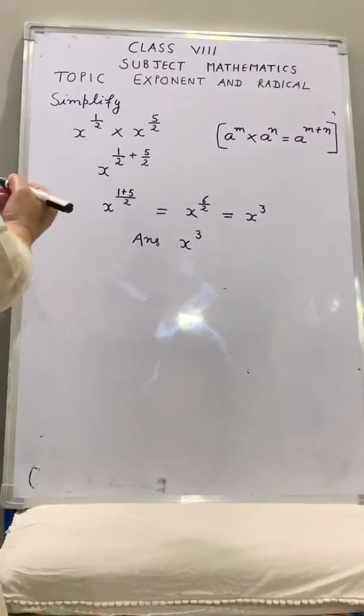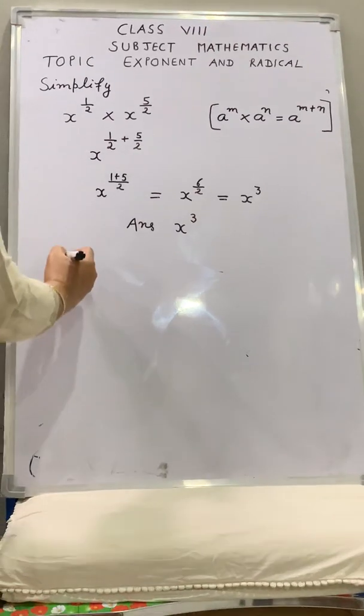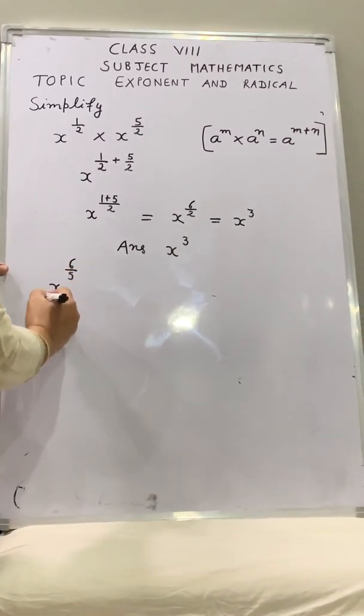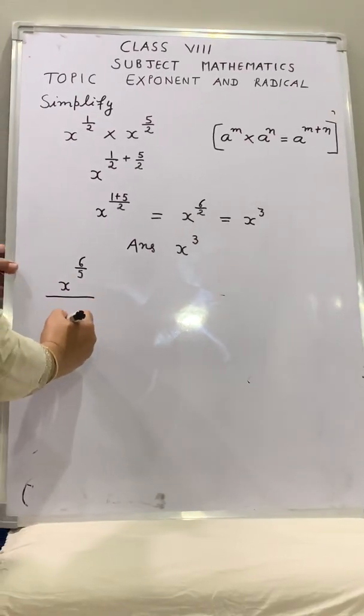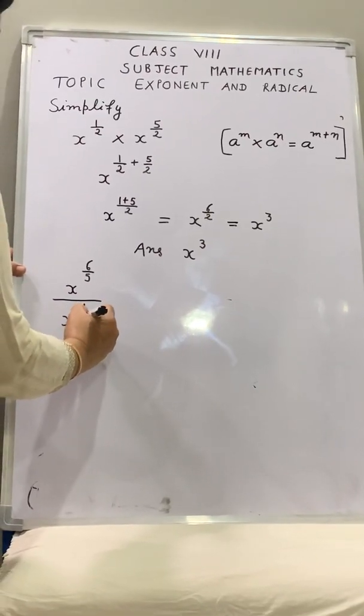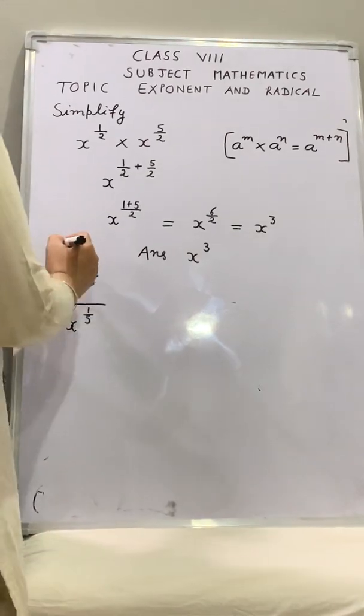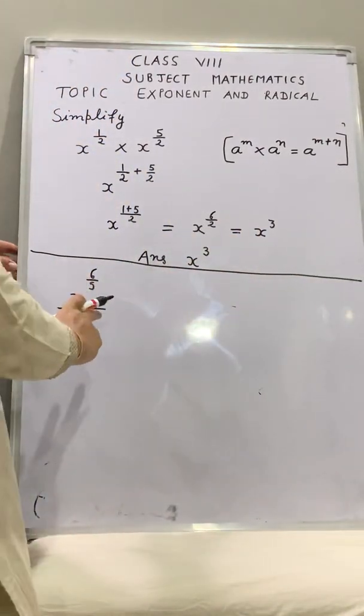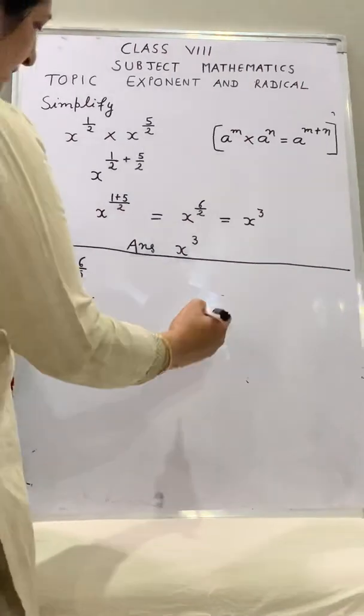Now the next example is x raised to power 6 by 5 divided by x raised to power 1 by 5. Which law will be applicable here?